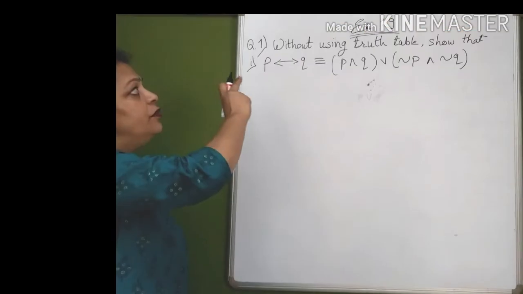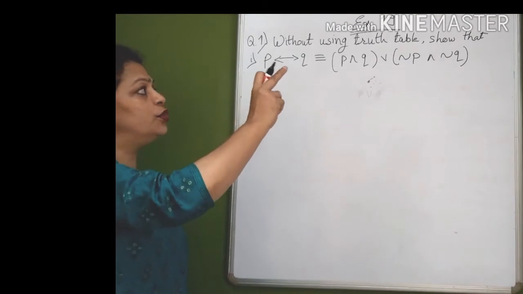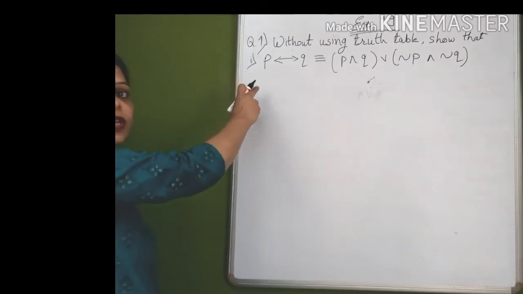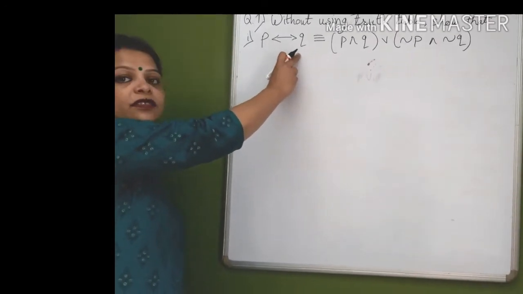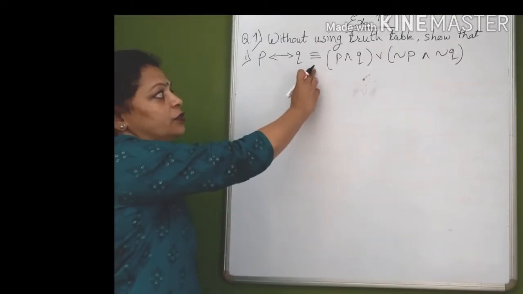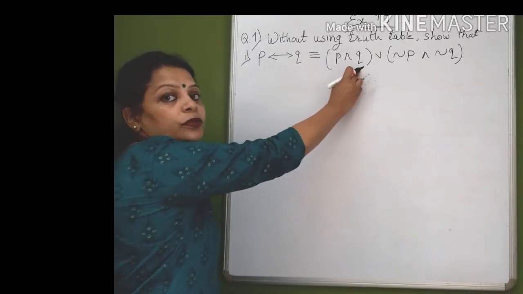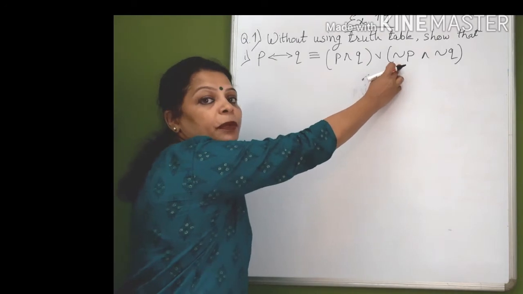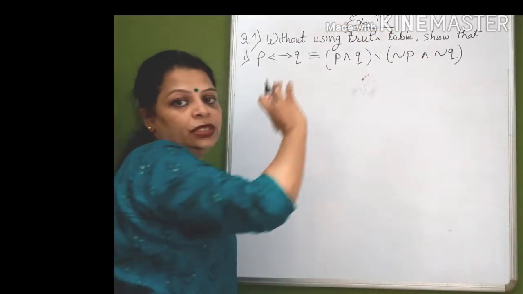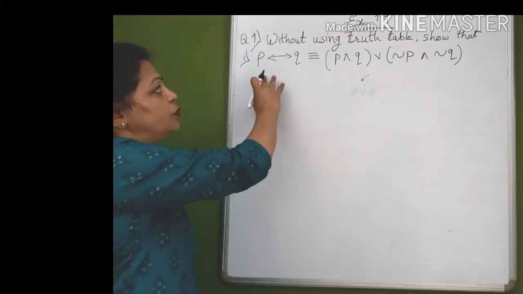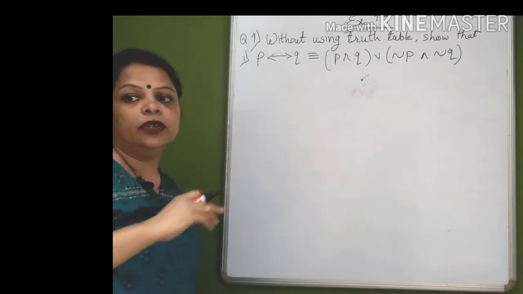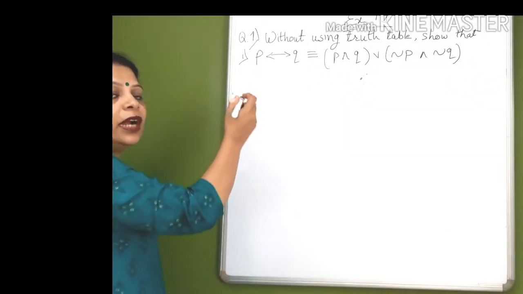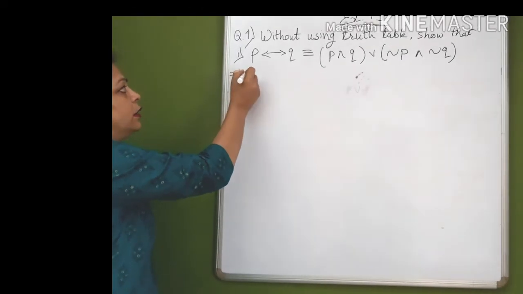Question number 1: without using truth table, show that the first sub-question, P double implies Q, is equivalent to P and Q or negation P and negation Q. We have to prove this LHS is equivalent to RHS. So let us start with LHS.